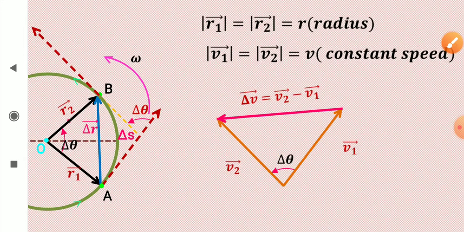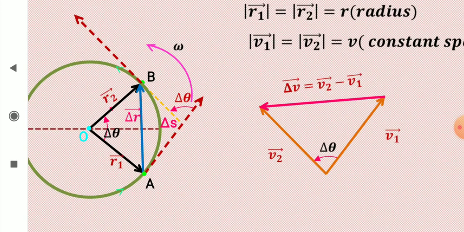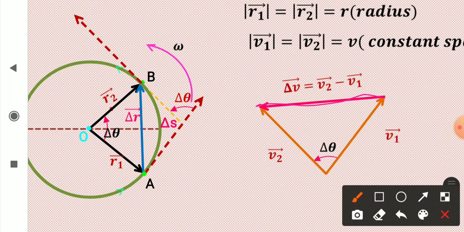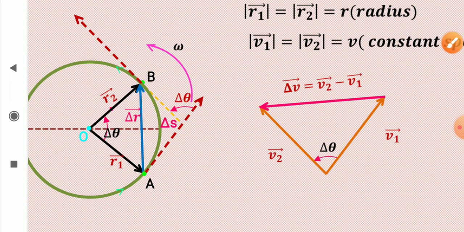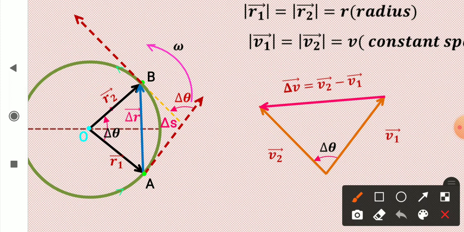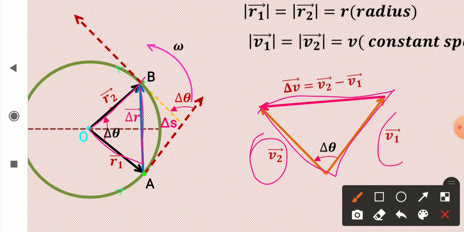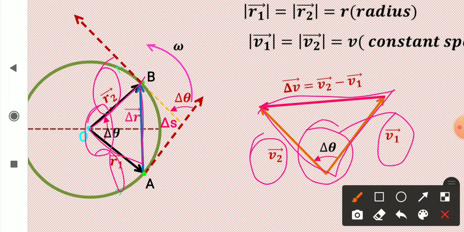And look at it. This velocity is directed towards the center of the path. And one more thing, in this triangle and in this triangle, these two sides are equal, they are isosceles triangles, and the vertex angle is also the same for both.